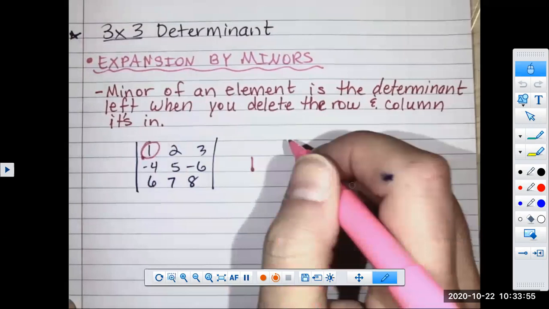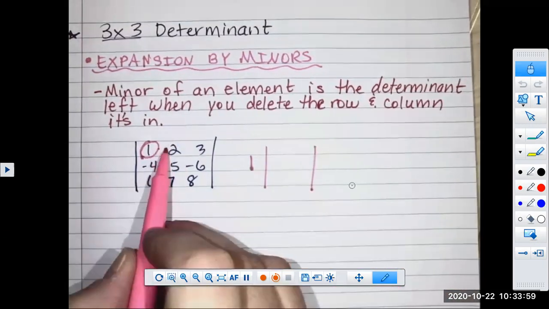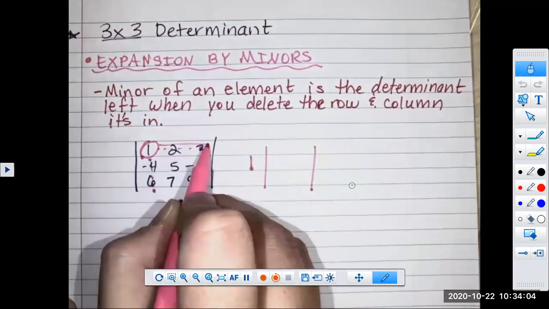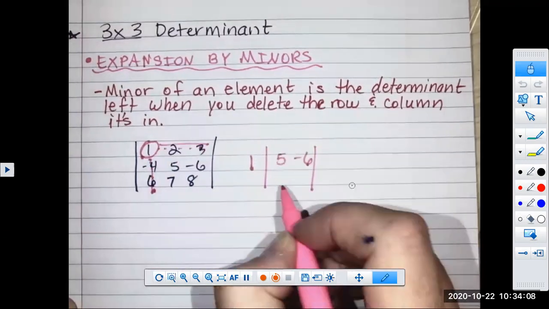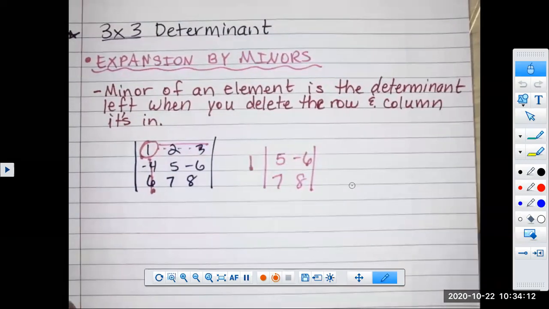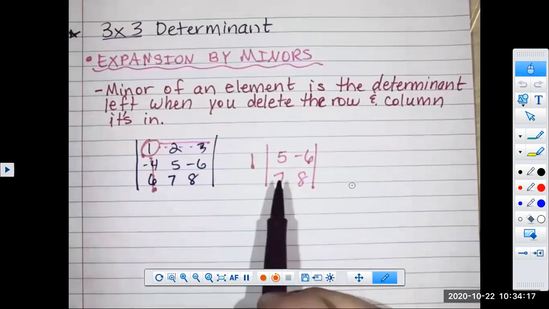The determinant left over after I delete this row, delete this column that it's in, is 5, -6, 7, and 8. And then of course you would calculate that.